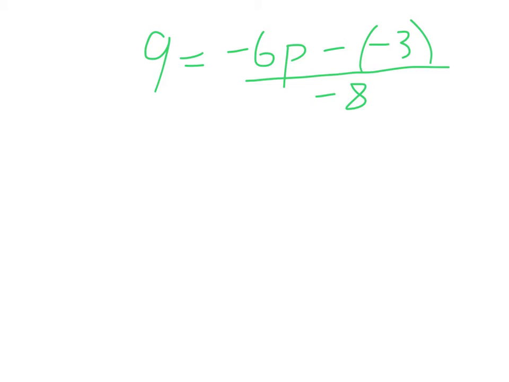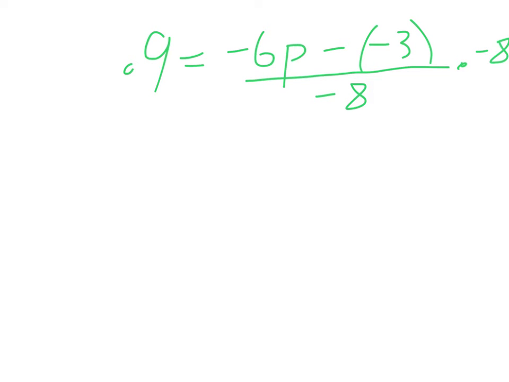Okay, here's another example of how to solve an equation. We're trying to solve for the variable p, which is right here. P for Peppa Pig. So what we're going to do is multiply both sides by -8.